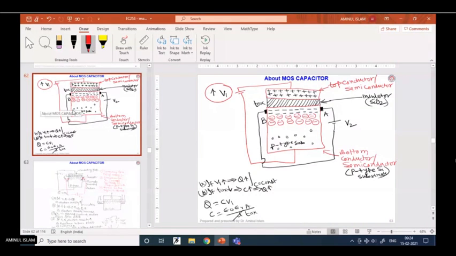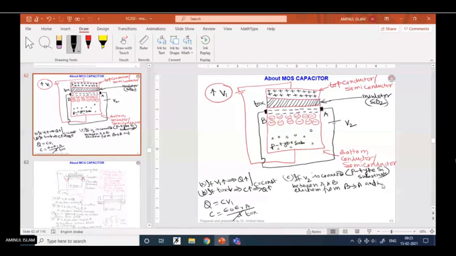Yes, sir. So now point number C I'm writing: if V2 is connected between A and B, electron current flows from B to A, and hence conventional current from A to B will flow.